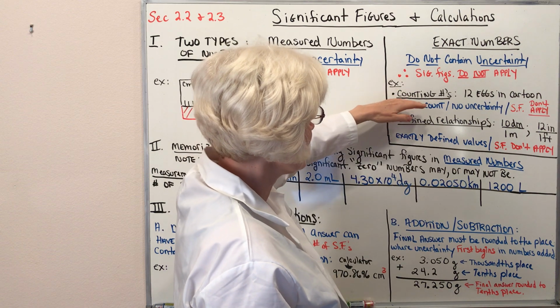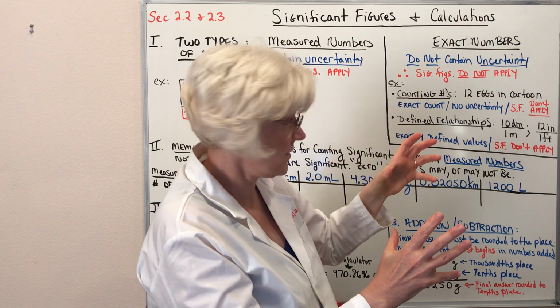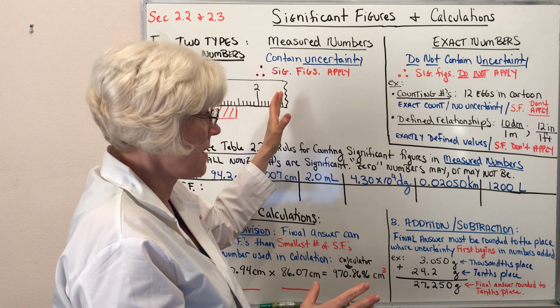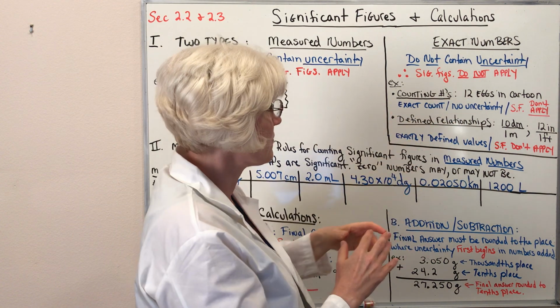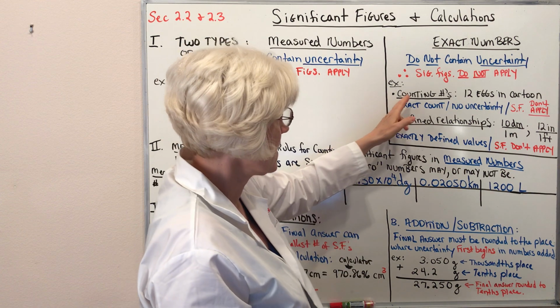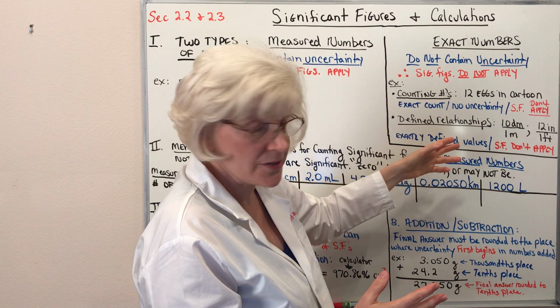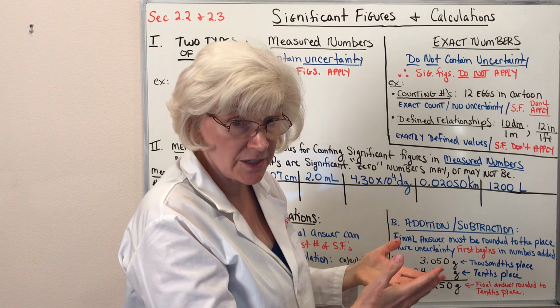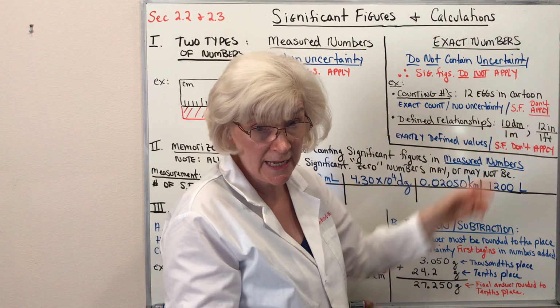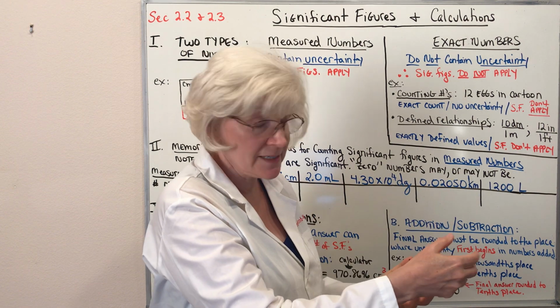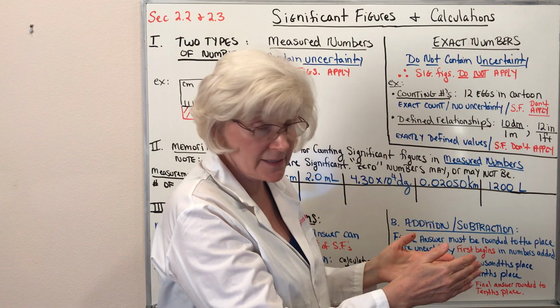Let's look at exact numbers first, because that's easier to deal with, and then we'll come back to measured numbers. There are two basic categories of exact numbers. There are counting numbers, like how many objects are present in a container, such as 12 eggs in a carton. You can open up the container and count the number of eggs there.